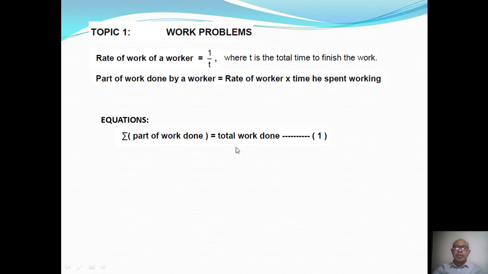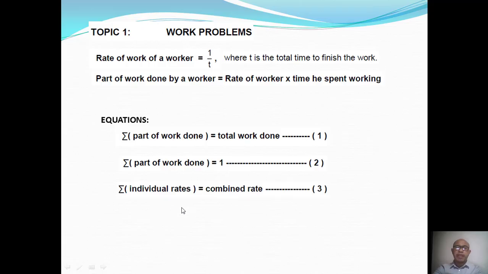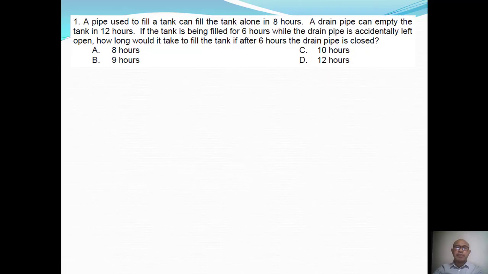For the right side of the equation, the total work done is equal to 1 if one whole work has been accomplished by the workers. Then the third equation: we can write the summation of the individual rates of the workers is equal to the combined rate.